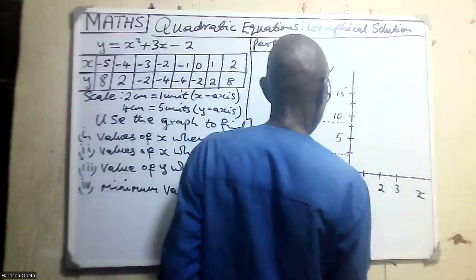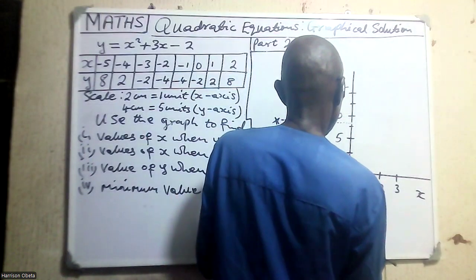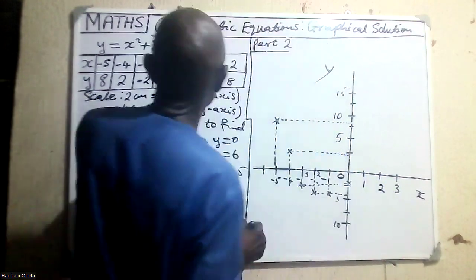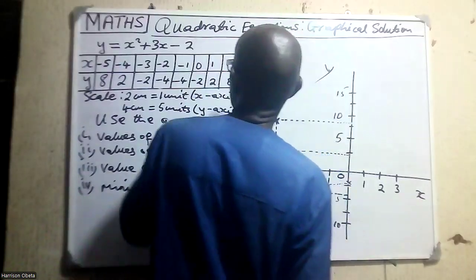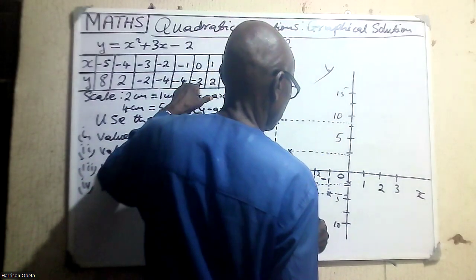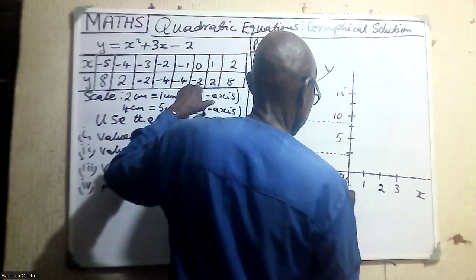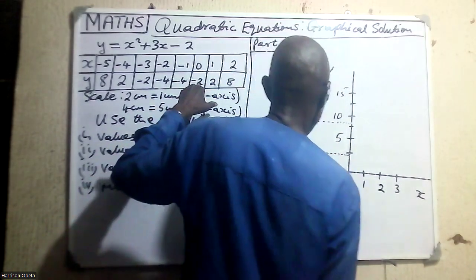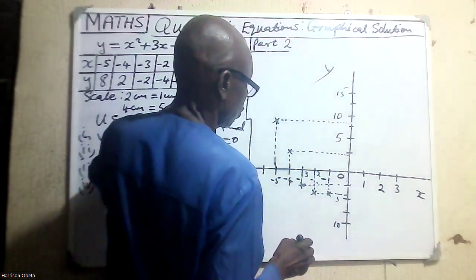0 should be minus 2. So minus 2, we take it to be here. That's when x is 0, y is minus 2. Okay, sorry, I'm making a mistake. When x is 0, y is minus 2.